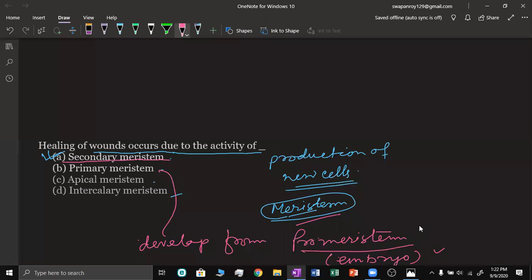From that time the embryonic meristem is present, known as promeristem, and promeristem gives rise to the primary meristem. But the secondary meristem is developed from permanent tissue.